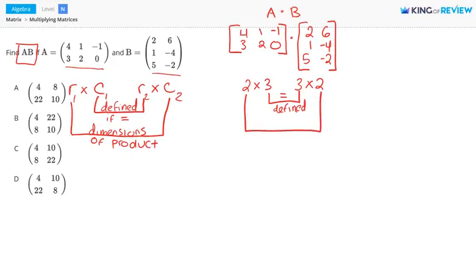So the dimensions of the product will be a 2 by 2. So how do we multiply? We're going to multiply corresponding entries in the first row of A and the first column of B, and then add them together. So let's set this up.